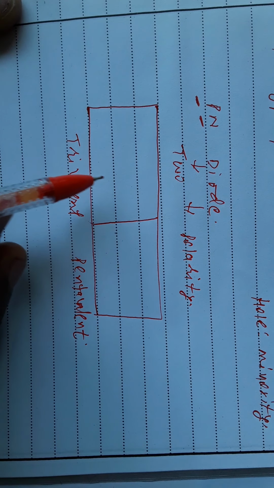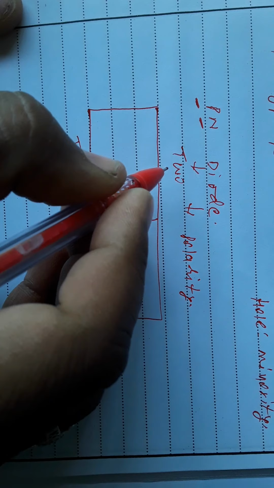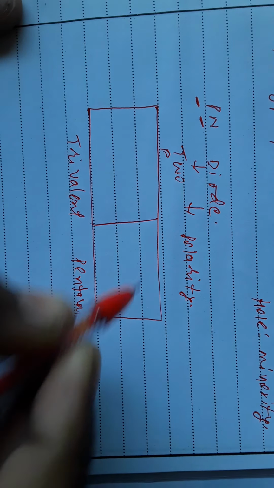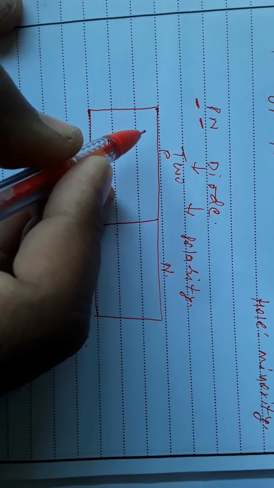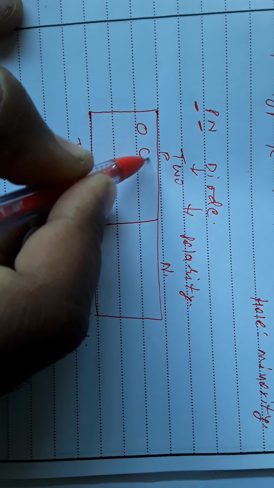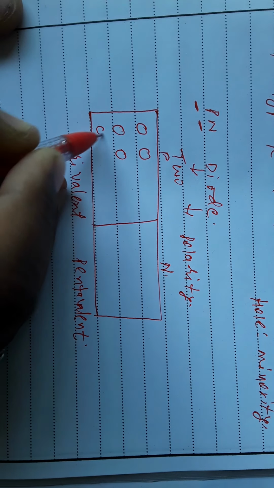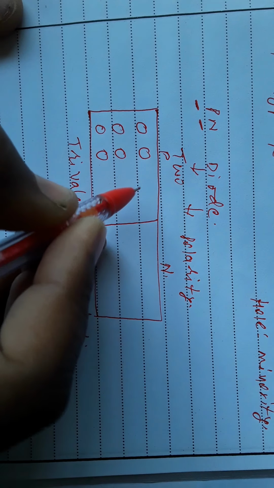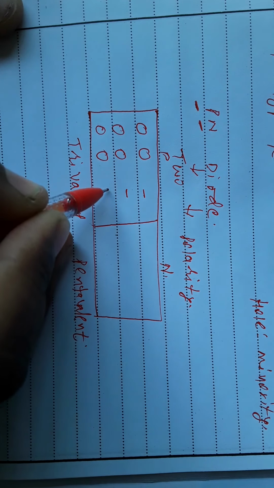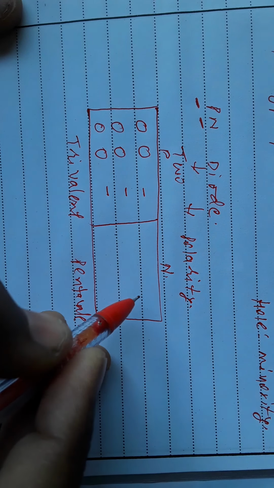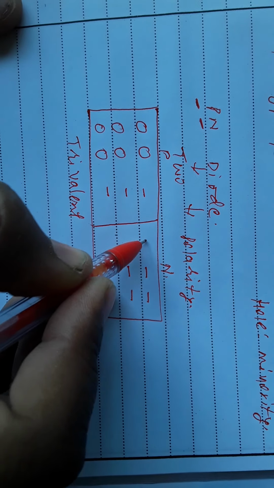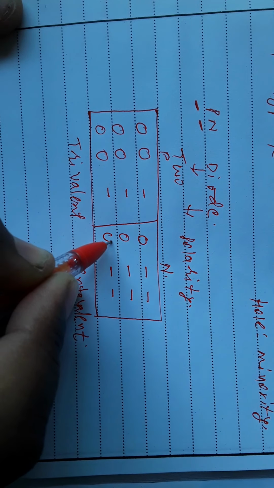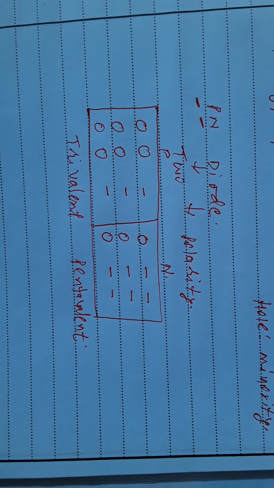If the trivalent impurity is added, then we get here P-type semiconductor, and here we get N-type semiconductor. So here, majority is hole, and these are the minorities, electrons. In the N-type, majority is electrons and the minority is hole. So this is called PN diode semiconductor.